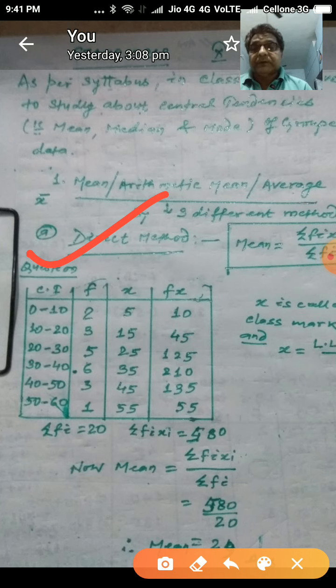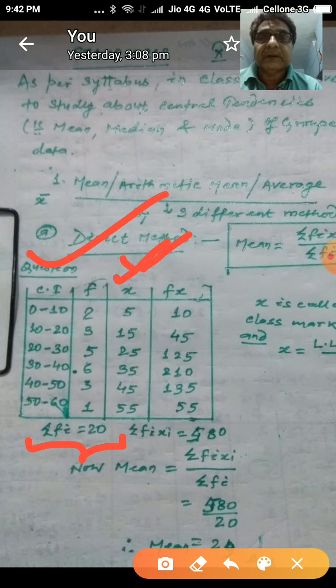So students, here we have questions containing two columns, that is class interval with frequency. So Ci and frequencies are given, and the answer starts by making one column of x.